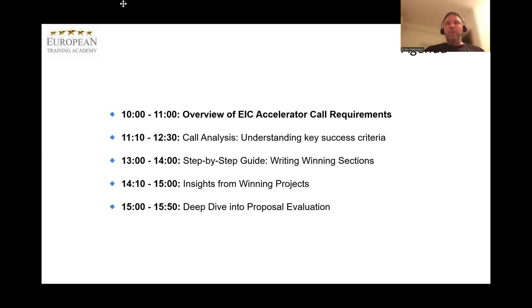So I'll simulate the environment for evaluation to provide you an opportunity to think as if you were invited by the executive agency to evaluate proposals, and then to discuss whether you would support the proposal or not. What would you see as the strong points and weak points within it?